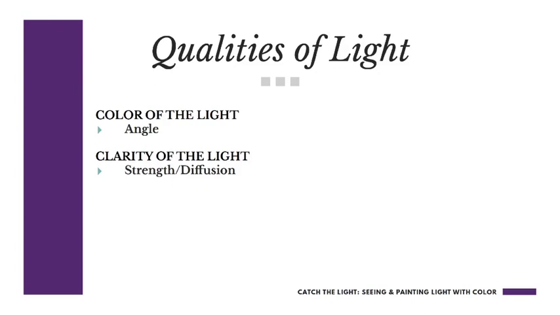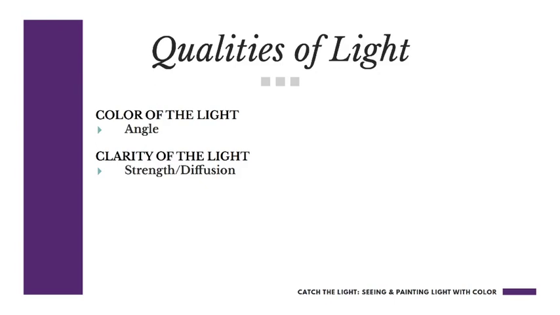As the sun moves closer to the equator in the summertime, then the light becomes much more neutral and almost yellow-white. So the angle of the sun as it relates to where the sun is in the sky, depending on time of year, will profoundly change the color of the light.